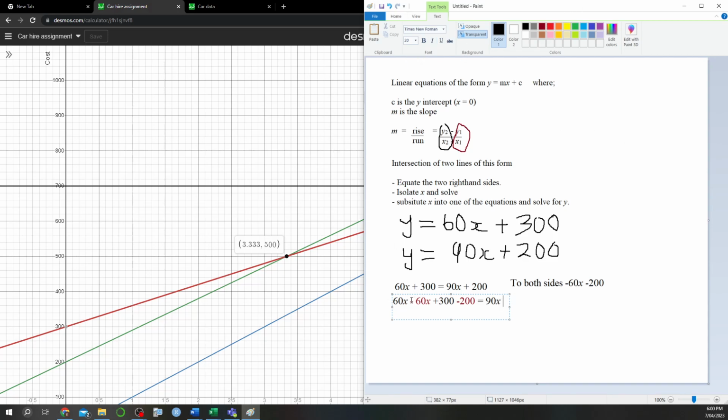And I might just copy that over. I made it a bit larger. Still got plus 200. Oopsies. 200, and then finally minus 200.